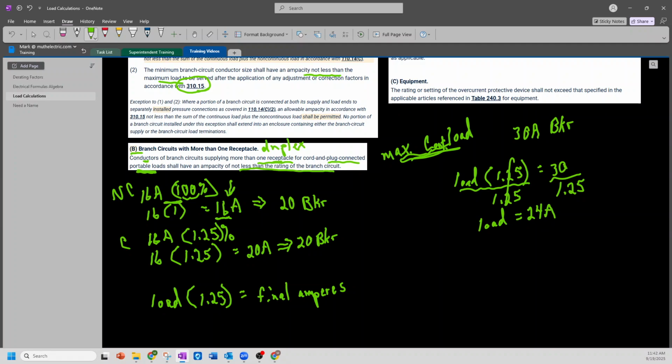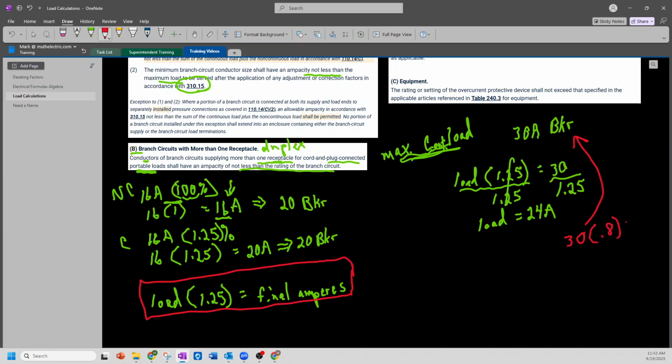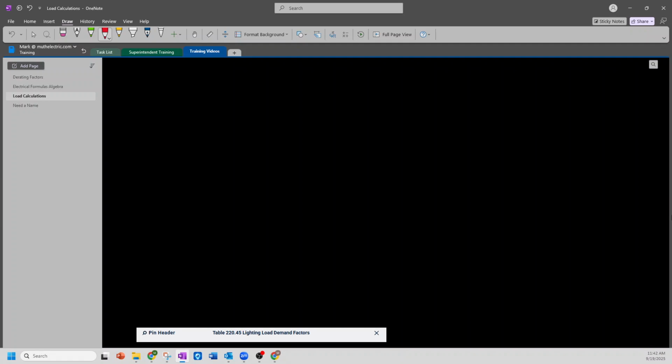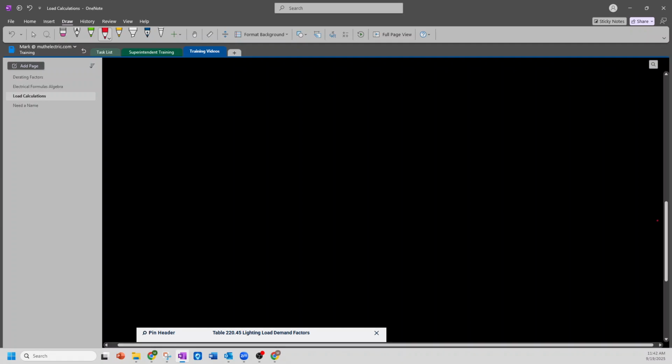Now, I'm going to show you another method. Instead of using this formula, if we take 30, that's what our breaker is rated for, and we take that times 0.8, we find that's also equal to 24 amps.